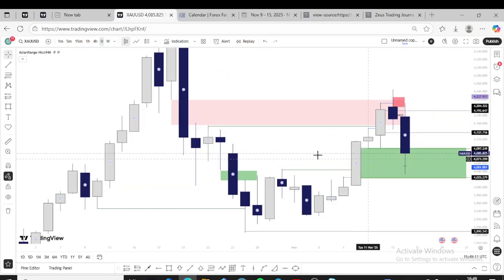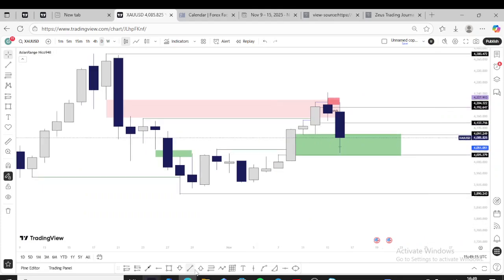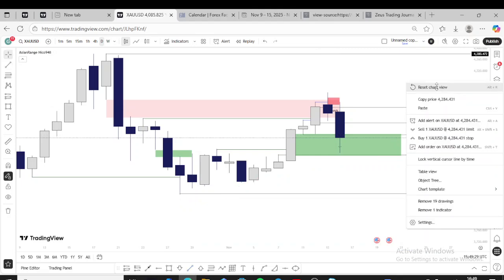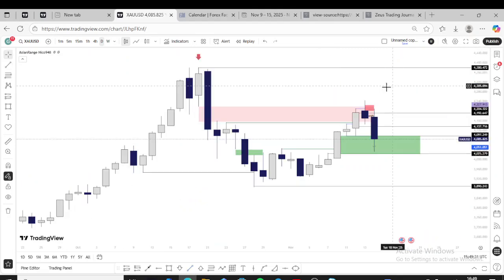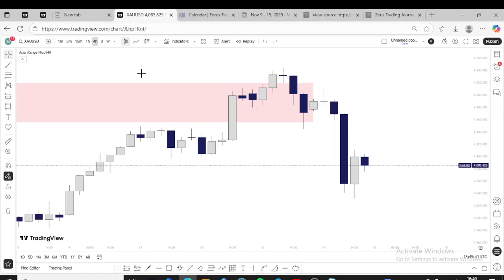On the daily chart we're seeing higher highs and higher lows, and if I draw my trend line, it's bullish. You understand what I'm saying? So I just wanted to see how this market is going to react in this place, and take note of that information like data for me.